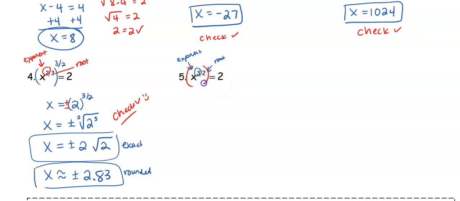To solve this, we raise it to the reciprocal power, which is 2/3. So I get x is equal to the cube root of 2 squared. I need 3, I only have 2, I can't pull any out. So it is the cube root of 4, which is going to be about 1.59.